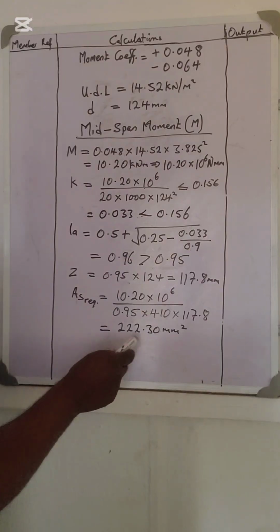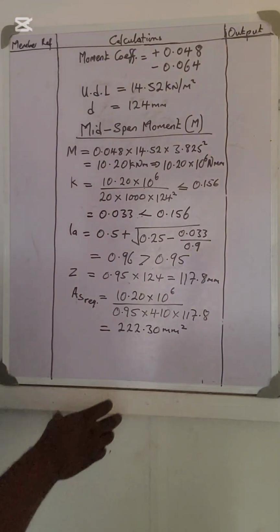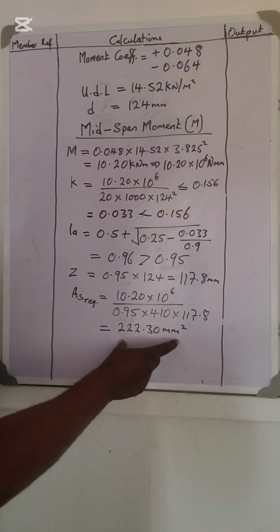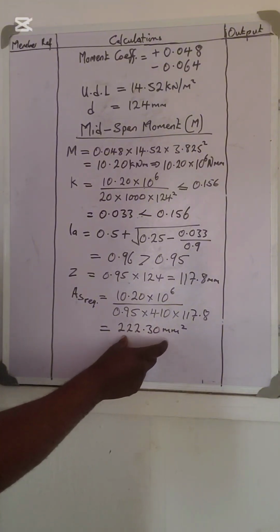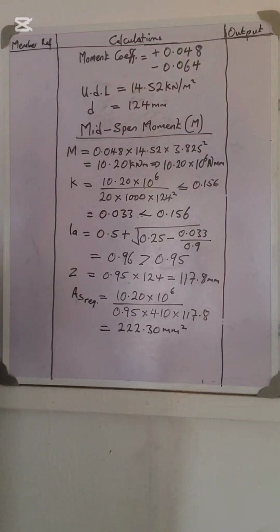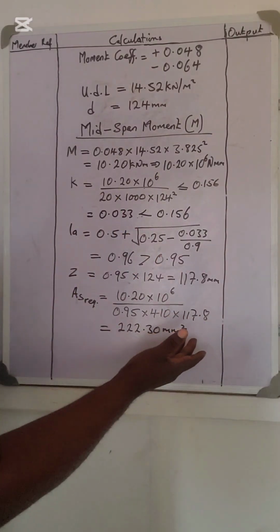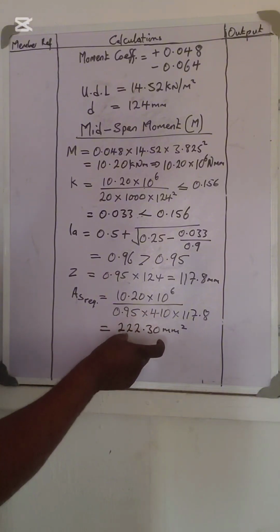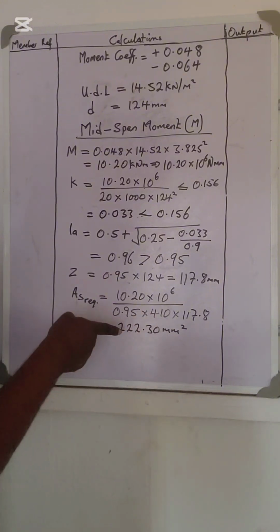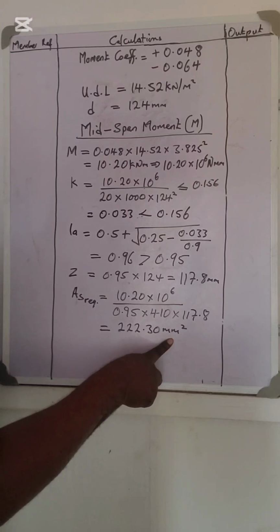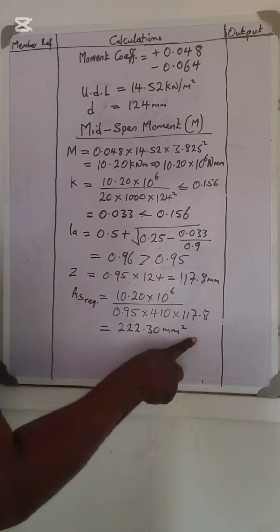You now go to the BS code and look for the value that is closest to this. Like I always say, because reduction is still produced here, when I go to the BS code, the nearest value was supposed to be 377 millimeters square, which would have been 12 mm at 300 center to center.